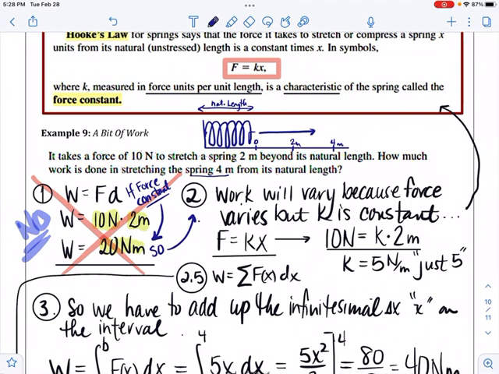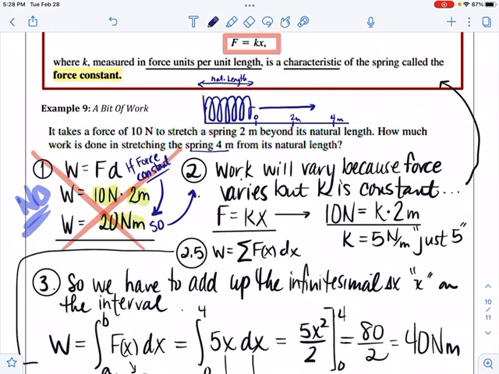So we take F = kx, and we have 10 newtons as our force and 2 meters, and we solve for k. So we get k = 5. That gives us the equation F = 5x, just a linear equation.